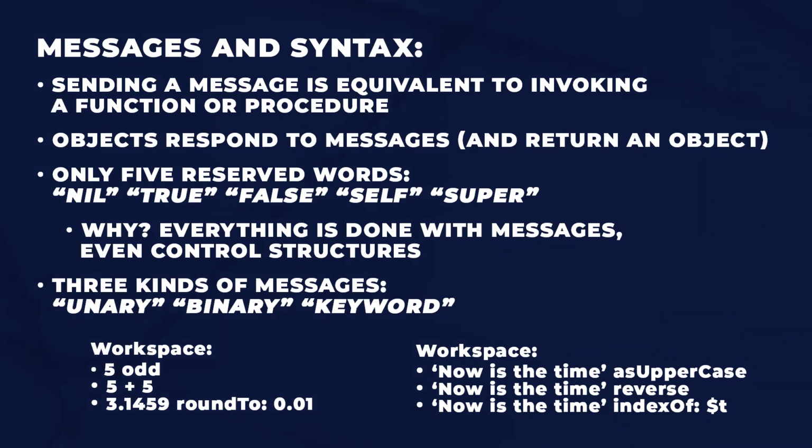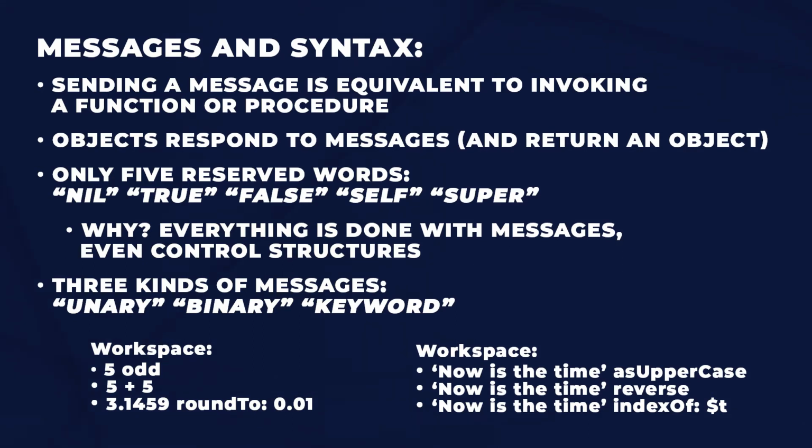You might say, well, why? How do you do things like control structures? Everything's done with messages. And that's part of the beauty too, because a lot of the messages you get to name. So basically you can dictate how your code reads, and that's very powerful.